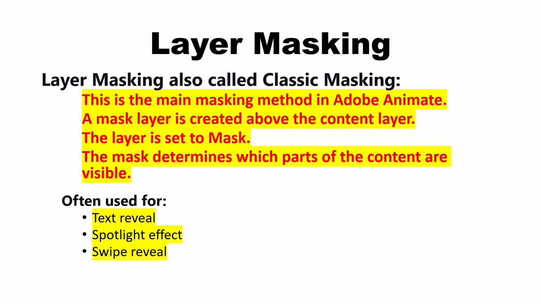Now, two main ways to mask. One, the content masking, in which case you have the mask layer containing either a shape or a text, and then you have a content below the mask layer. And once the mask layer is activated, it displays part of the content that is below the mask layer.